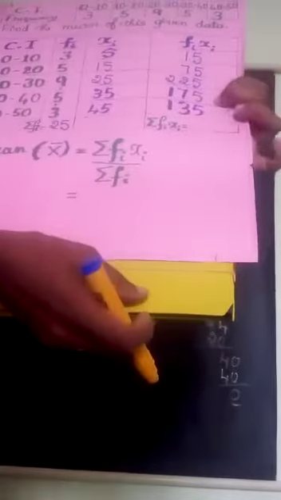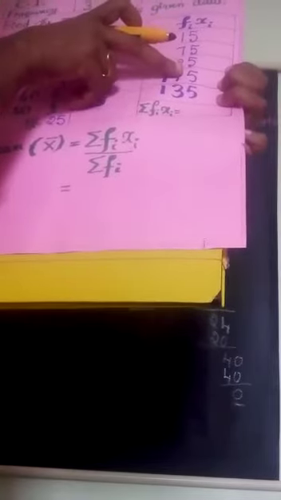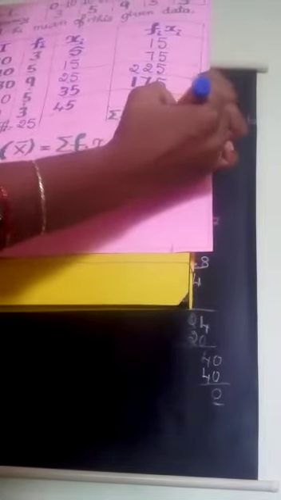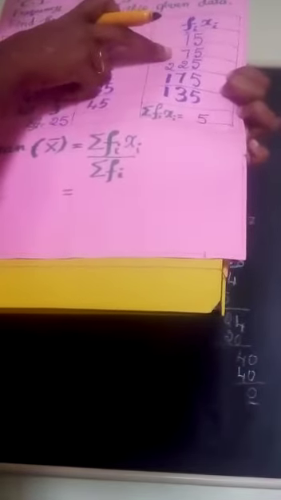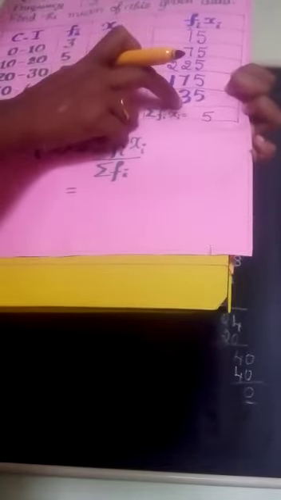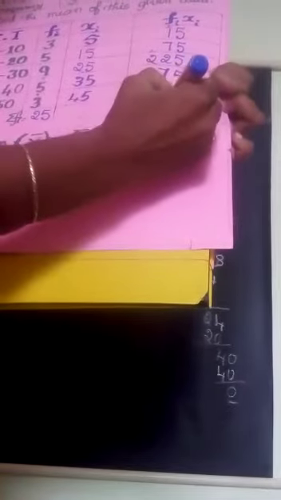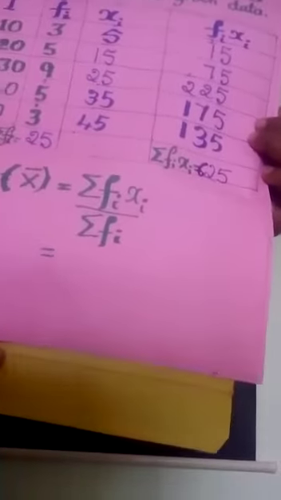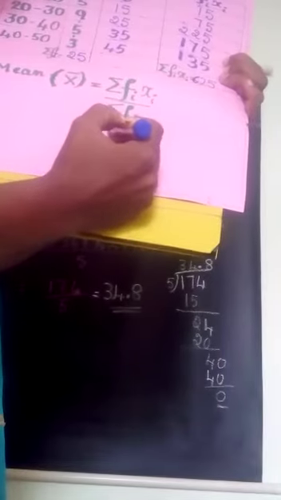Now the sigma fi xi column: 5 plus 5, 10, 15, 20, 25. 2 carry. 2 plus 1, 3, 3 plus 7, 10, 12, 19, 19 plus 3, 22. Again 2 carry. 2 plus 2, 4, 5, 6. So sigma fi xi you will get as 625.